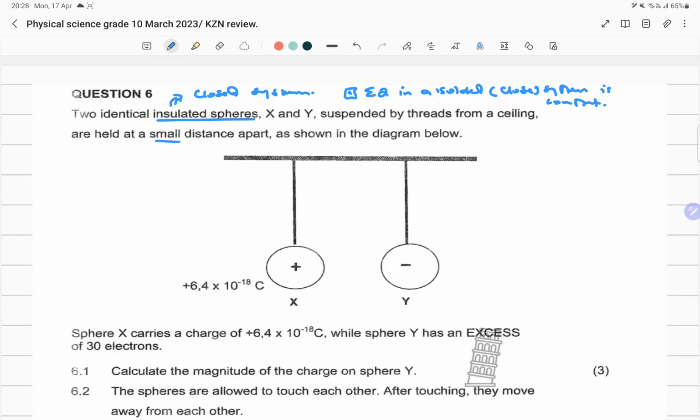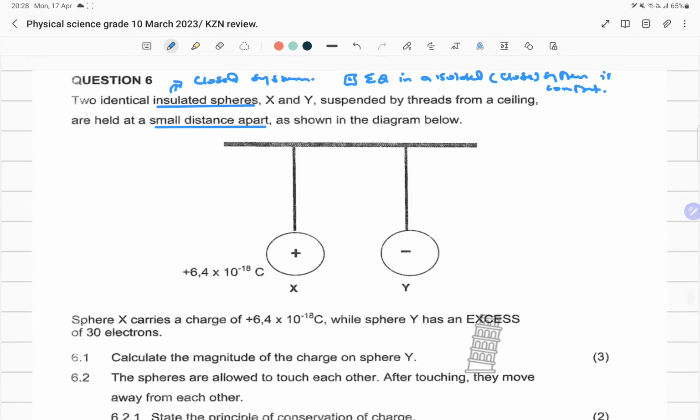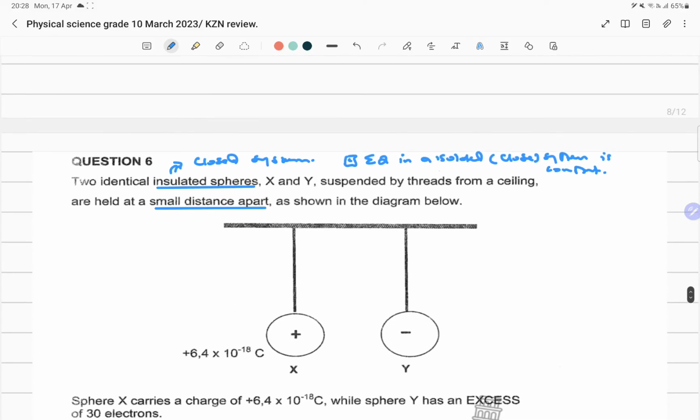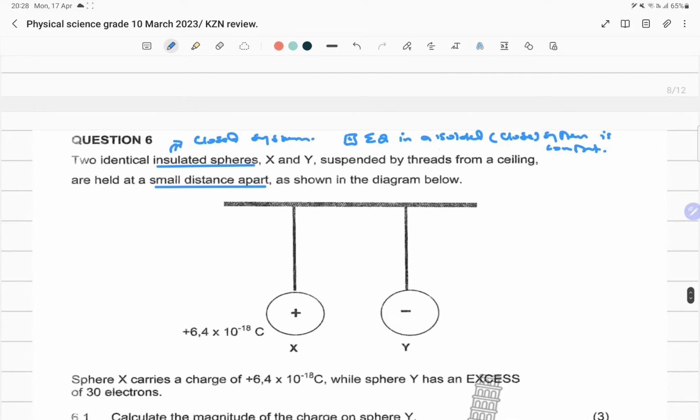Of course, if you are doing grade 12, you would know you're doing Coulomb's law, but in grade 10, nah, you don't do that, or at least I'm not sure, but I don't think so. Now let's move on. So we can see this is plus, so it's a positive charge. It's a positive charge, so it's a plus 6.